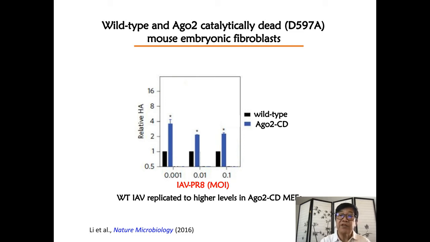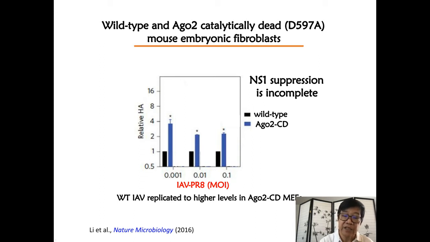So this suggests that NS1 suppression is not complete. So the AGO2 slicing activity is still antiviral against the wild-type influenza virus, even though the RNAi suppressor protein NS1 is present.